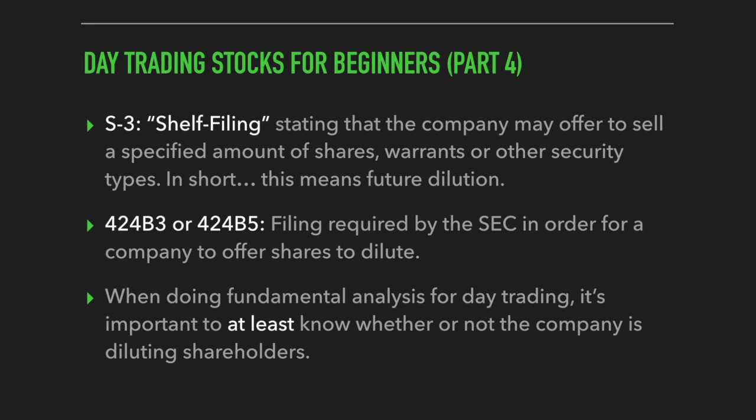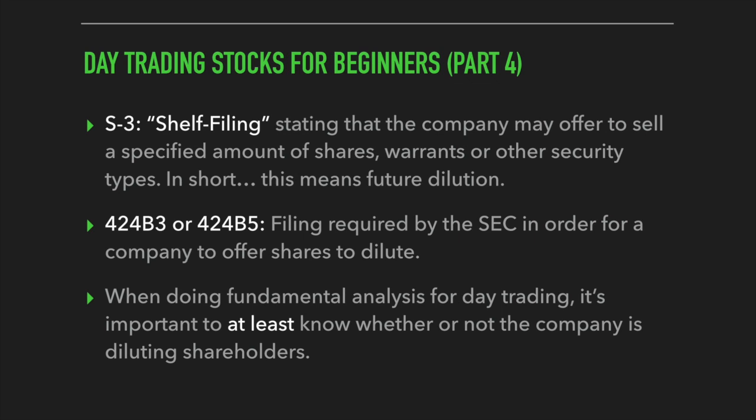Okay, then following the S3, you're going to see something like a 424B3 or a 424B5 filing, and these are required by the SEC in order for the company to actually offer shares to dilute. Generally, you'll see an S3 filing stating that the company may sell up to $100 million of shares over the next 5 years.